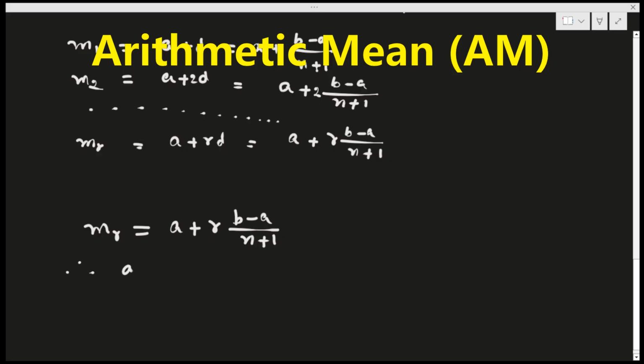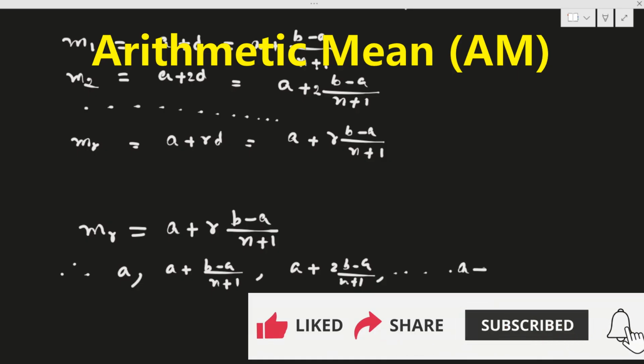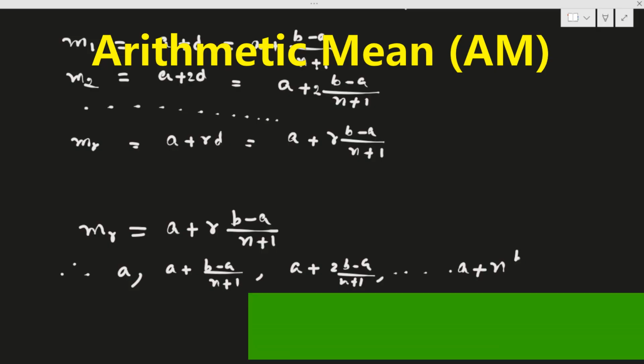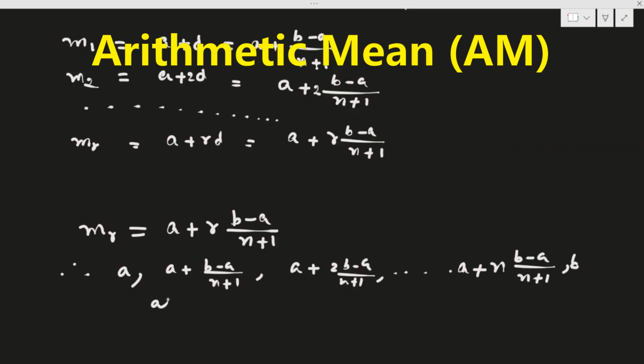Therefore, finally we may write: A plus (B minus A) by (n plus 1), A plus 2(B minus A) by (n plus 1), and so on, the last arithmetic mean A plus n(B minus A) by (n plus 1), and the last term B are in AP, that is arithmetic progression.